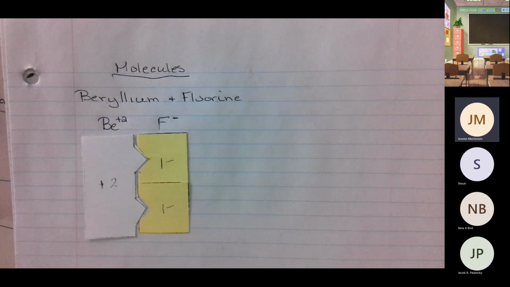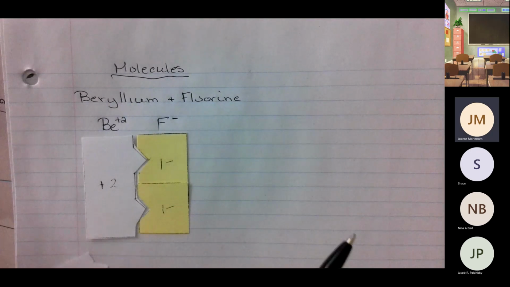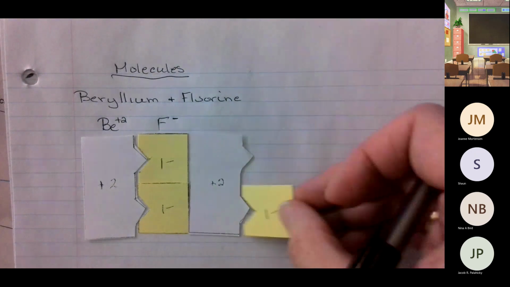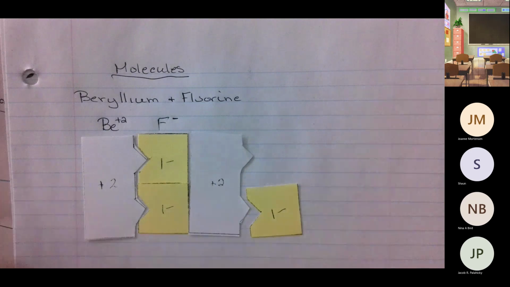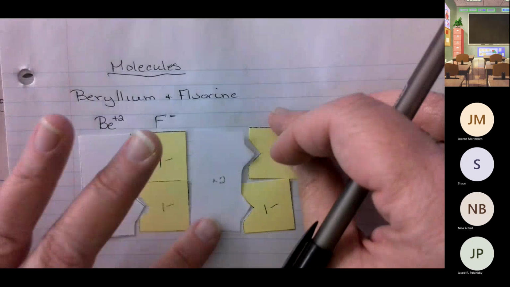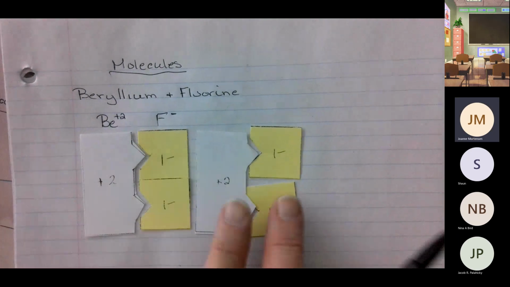If I thought, well, hey, that was fun, and I decide to do it again, do you know what I've made? Anybody want to guess? Two molecules. This one and this one aren't stuck together.